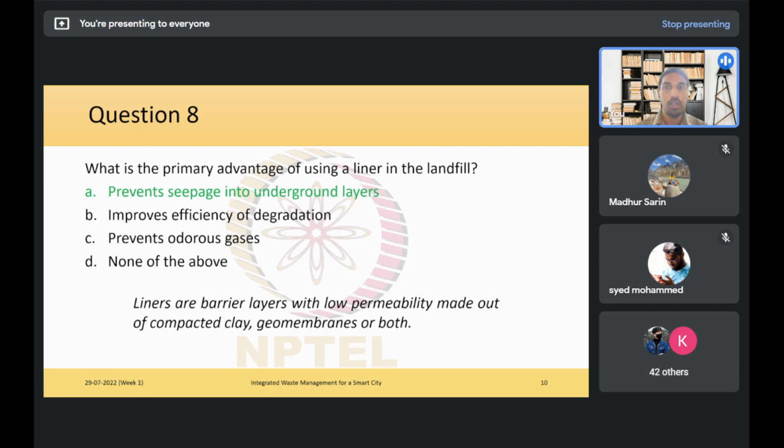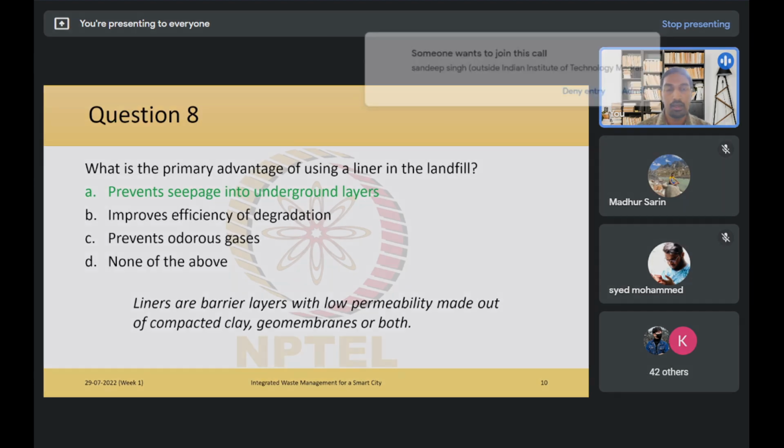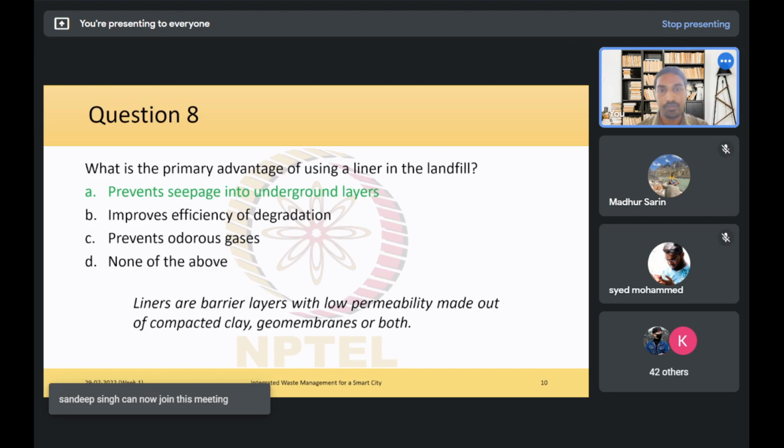The purpose is to not allow the leachate that we saw a couple of questions ago to get out of this landfill area. So we have this low permeability layer, made of different materials such as compacted clay or geomembranes, the plastic material, or a combination of compacted clay and geomembrane, so that we do not let this leachate seep into the underground layer and contaminate the groundwater.